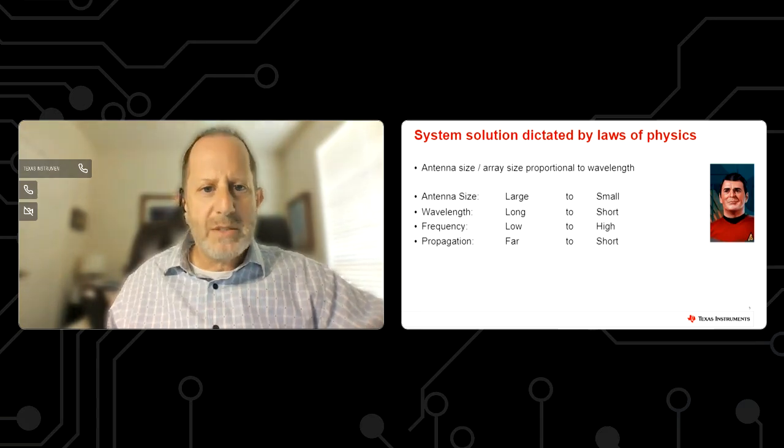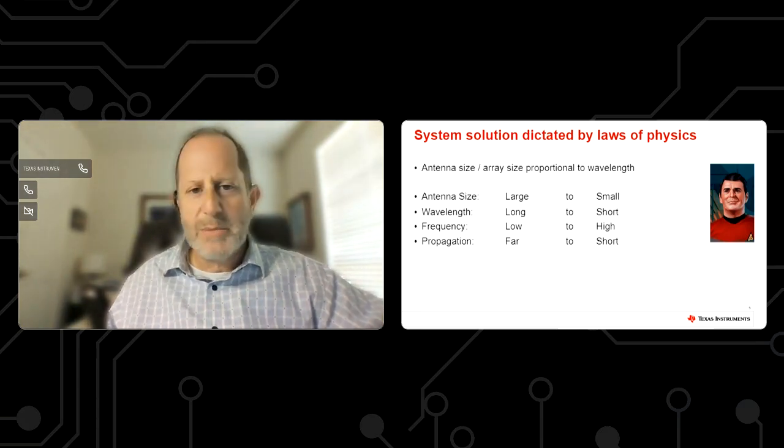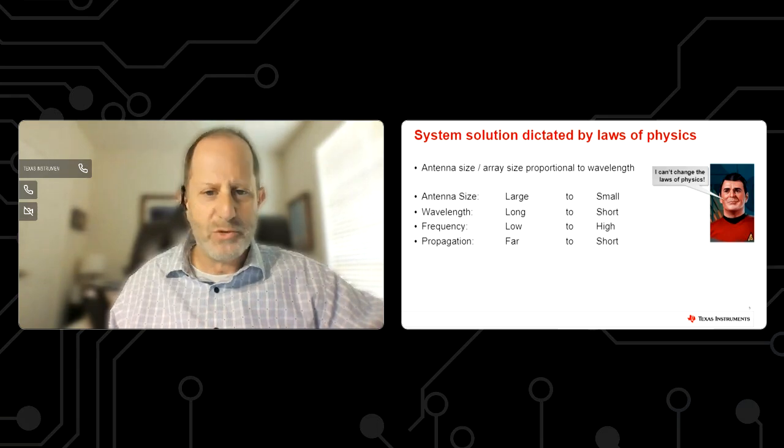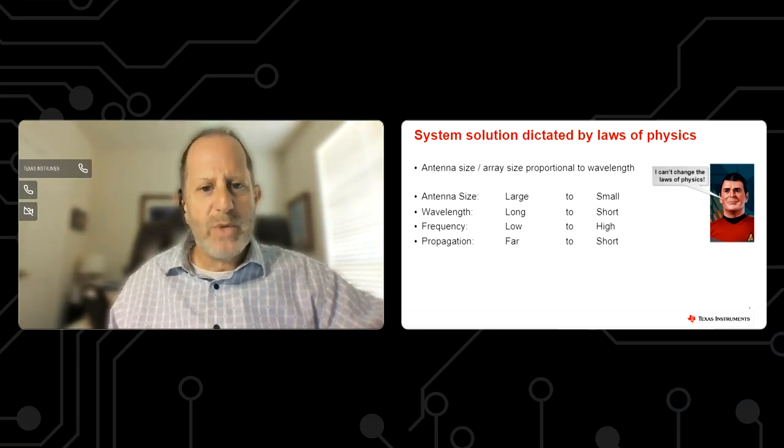Now, the system solution here is ultimately going to be dictated by the laws of physics. We're talking about a space solution. If we're going to put something up into space, we really have to make sure that this is going to be a relatively small and compact solution. So to make that happen, we need to have small antennas.